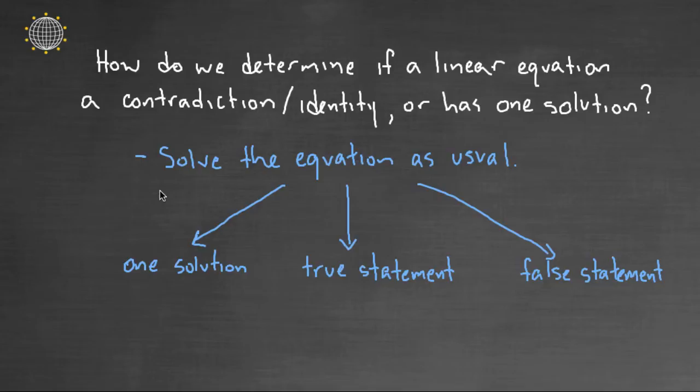You're likely not going to know at the beginning of the problem which type it is. Throughout the process of solving it, you'll either get one solution and you're done, or you'll get a statement that's always true, or a statement that's always false. If it's a true statement, you get what's called an identity. If you get a false statement, that's what we call a contradiction.